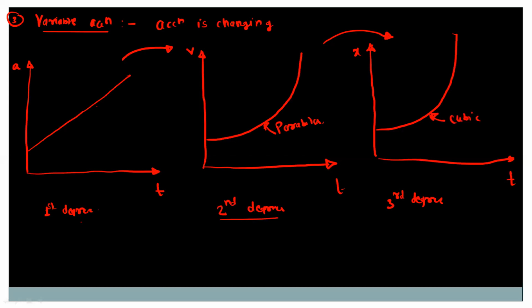And a first degree curve means this is a straight line. Okay, so these are some standard graphs. So you have to remember all these graphs because we have to use them when we solve problems on graphical analysis.